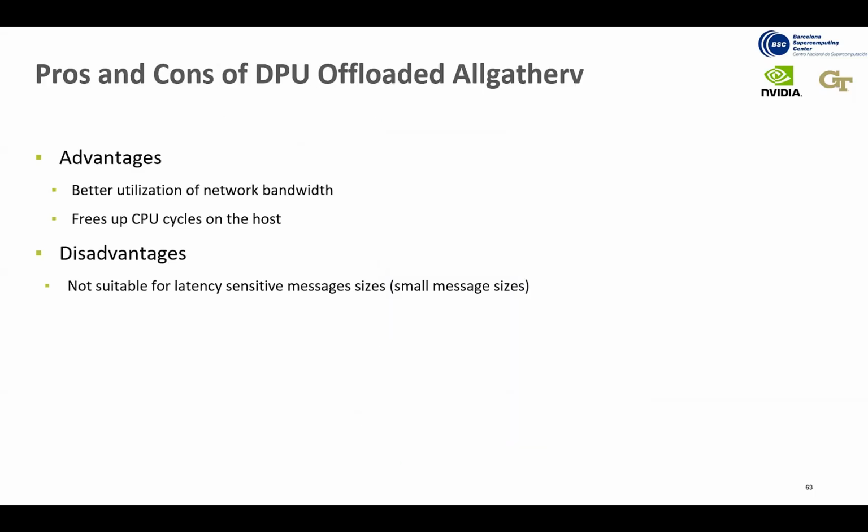So the advantage if you have this type of algorithm, it's not necessarily for all algorithms, but it works well for large messages because we have a better utilization of the hardware. But it's not great for small messages because we have all these events going through between the host and the DPU and so on. It increases latency.